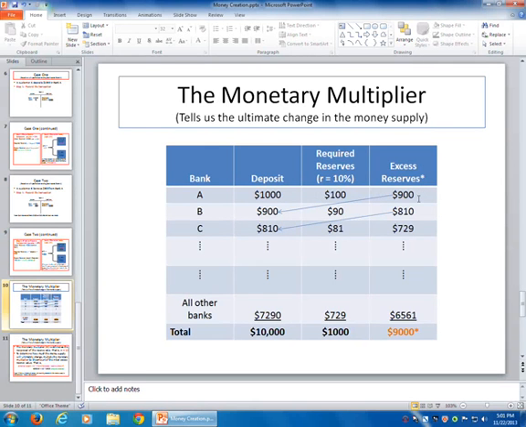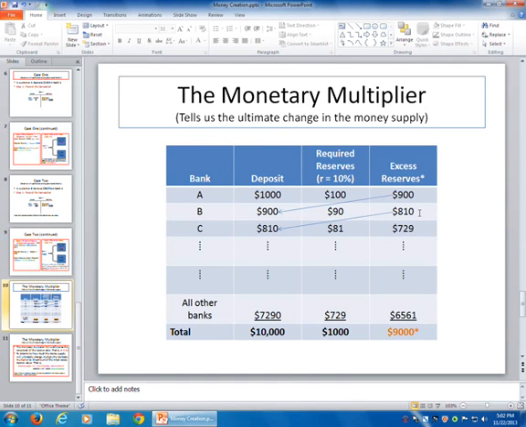Now that $900 was loaned out to customer B. Customer B takes the money and spends it somewhere, and let's say that Dillard's bank is Bank B. So Dillard's will deposit the $900 in its bank. Bank B will put 10% of it in its required reserves, and the difference, 810, will go into Bank B's excess reserves.